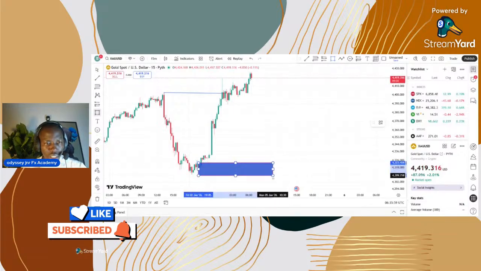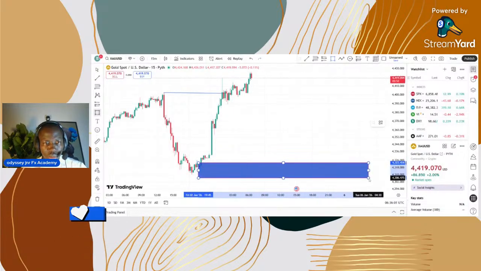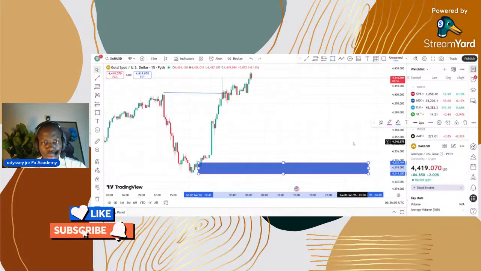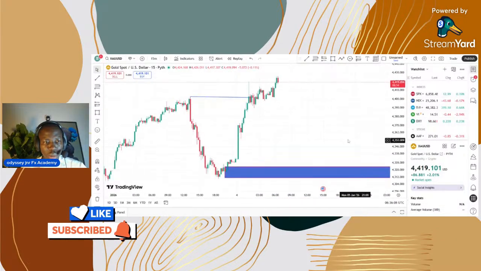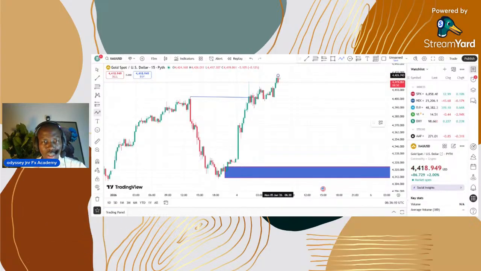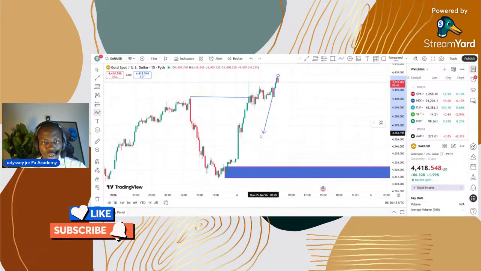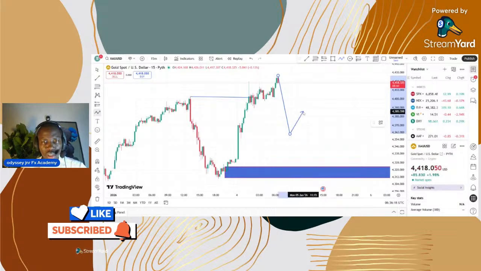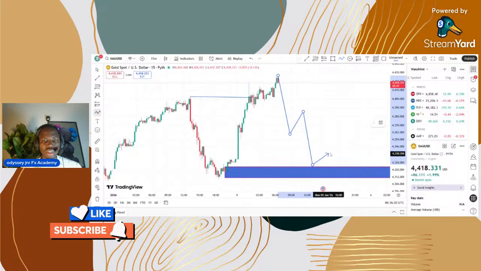I can extend it down here. Before then, I will expect the market to do something of this nature, maybe come to this order block, before it can come to this place. So that's what I'm looking at.